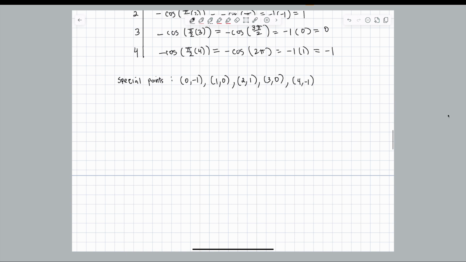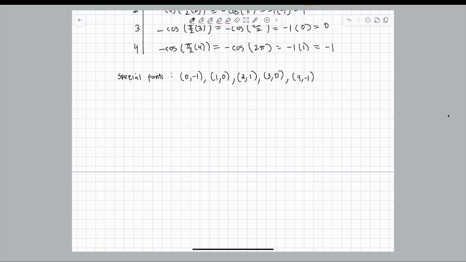All right, so we can use these points to plot our graph. Go ahead and number this from 1 through 4, so 1, 2, 3, 4 on the positive x-axis, and to negative 4 on the negative x part of the axis, so negative 4, negative 3, negative 2, negative 1, and we're going to go up 1 and down to negative 1.